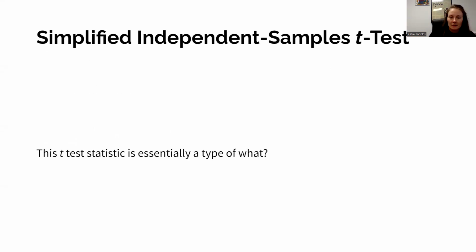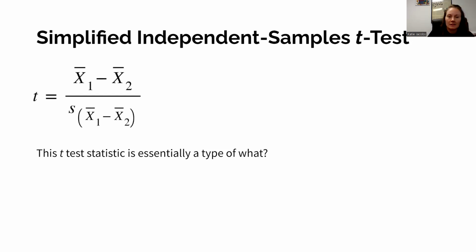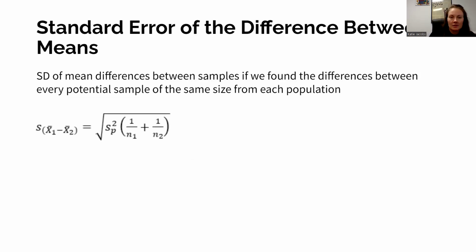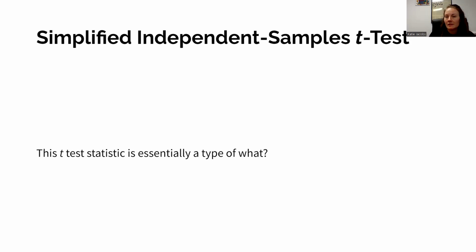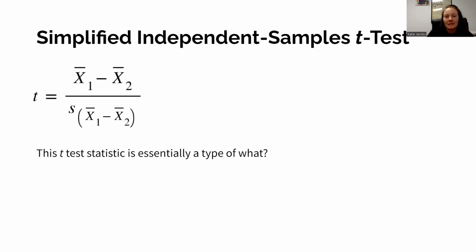All right. So if that standard error of the difference between means is basically a type of standard deviation, this t-test statistic is essentially a type of what? It's almost a type of z-score, right?